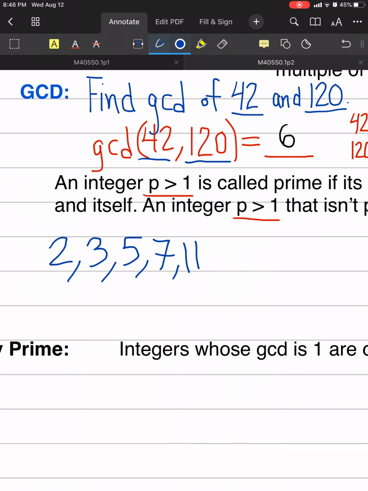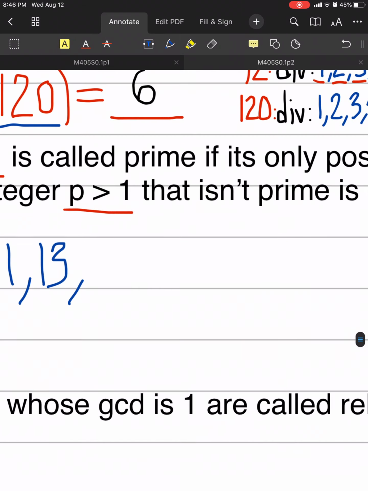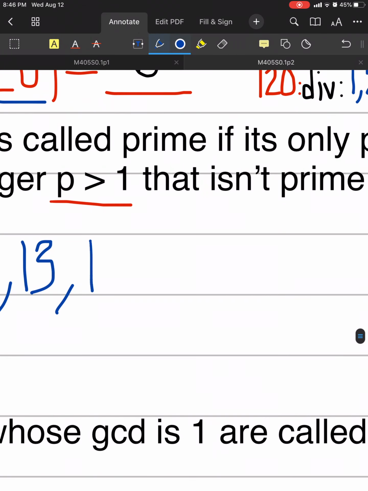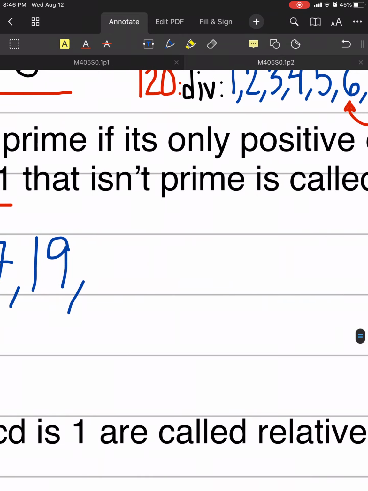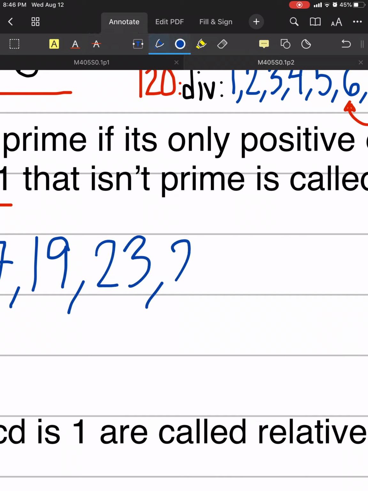Our next prime is 11. Next one's 13. Next is 17. Next is 19. Next is 23. Then 29.